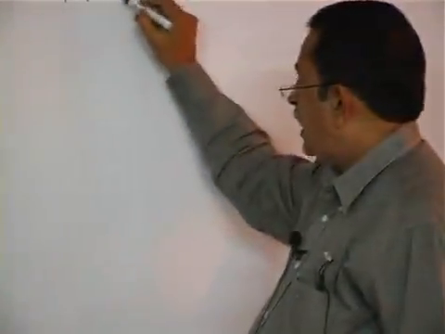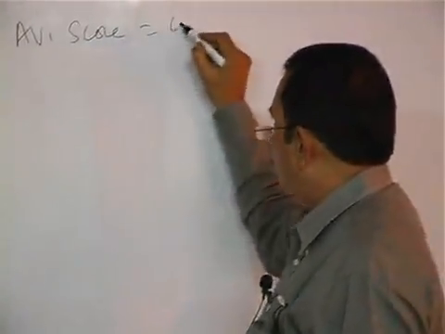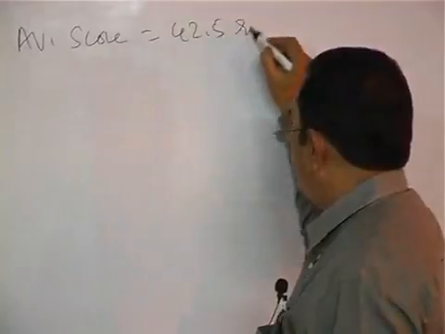How many innings in all did he play? For this you have to go with the procedure. The average score of the batsman is equal to 42.5 runs.